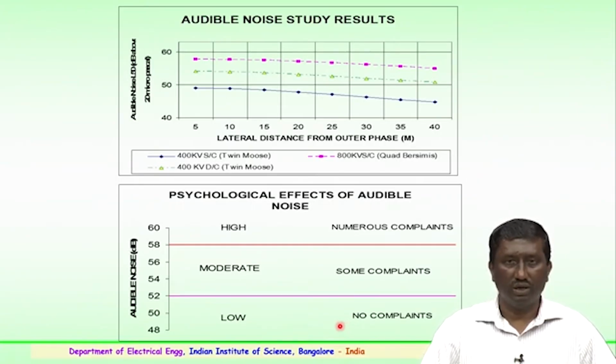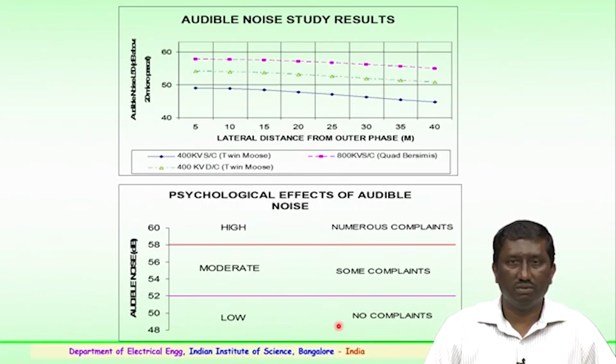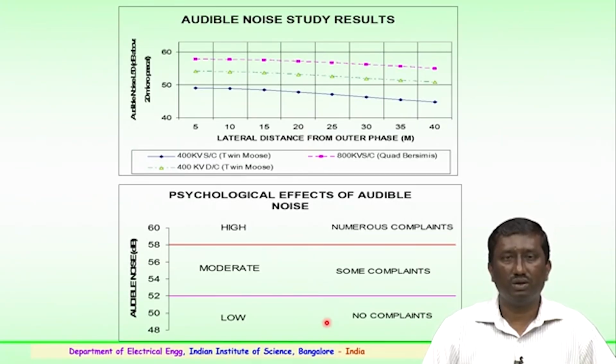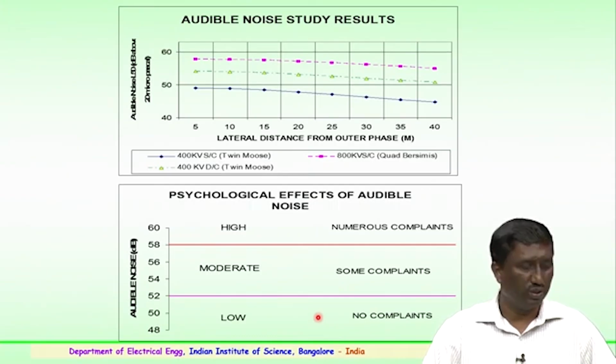Typically noise levels below 60 dB or below 52 dB are preferred by the people who are working near the area. So utilities should adopt conductors, hardware and insulator strings which do not generate more noise and create a psychological effect on humans or animals.